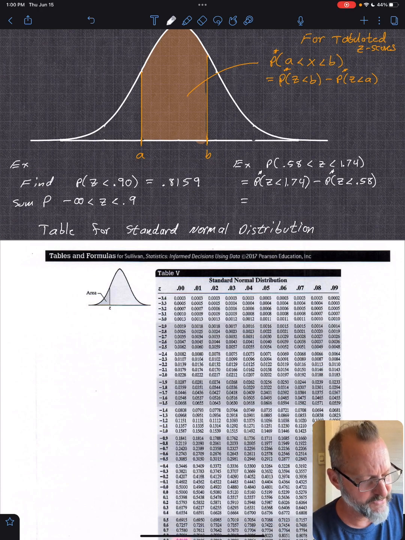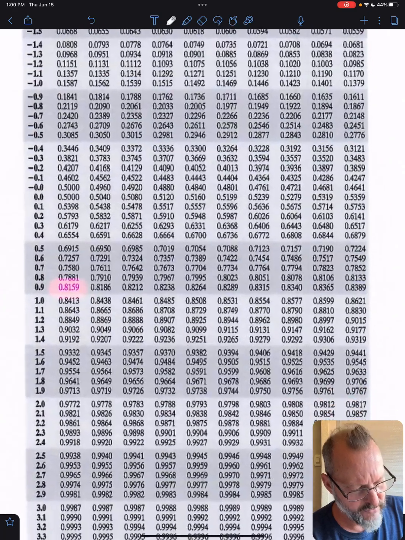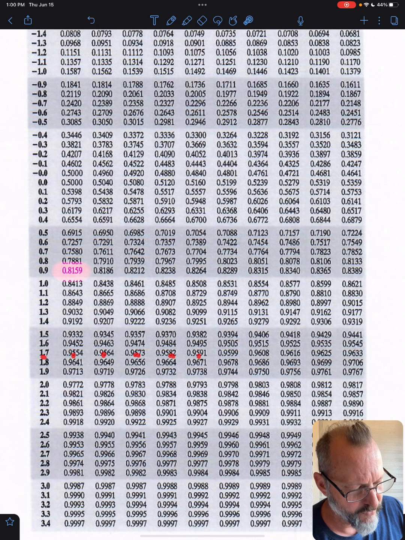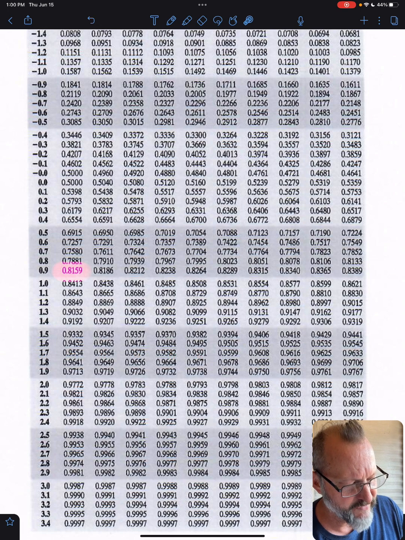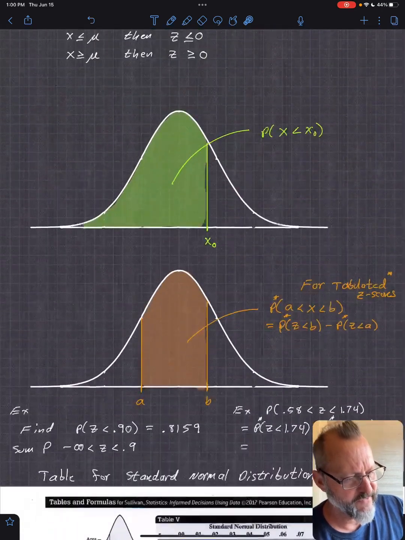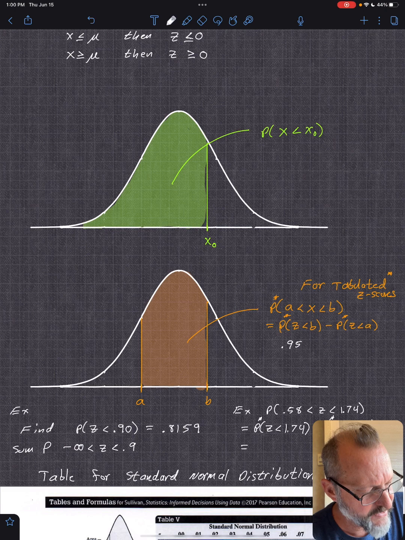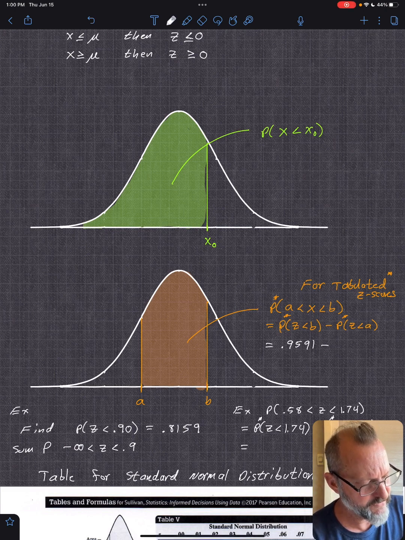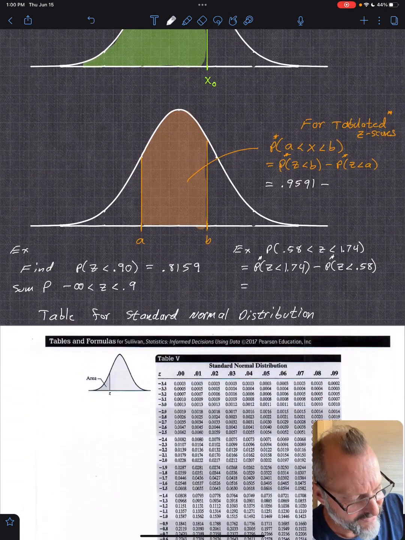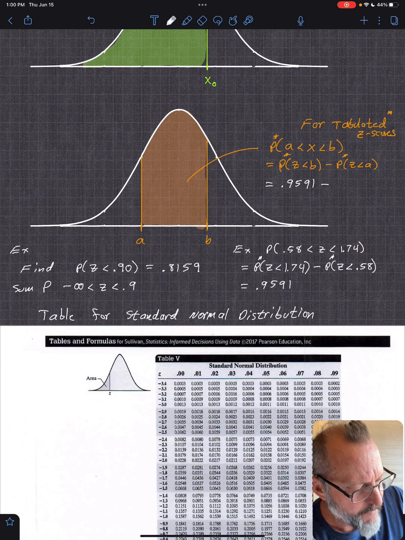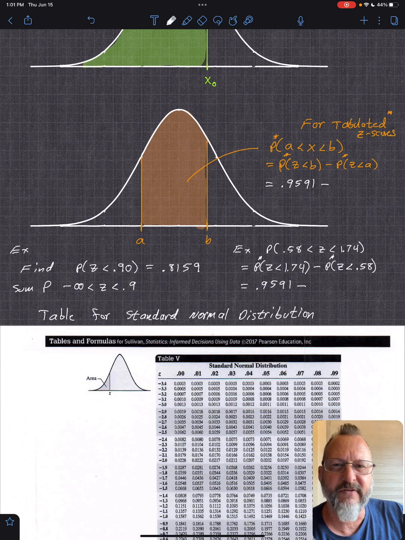So let's go to 1.74. So 1.7, and then this is 0, 1, 2, 3, 4. So 0.9591. And then we're going to subtract, oops, put the wrong spot, 0.9591 minus, and then we got to look up the 0.58.